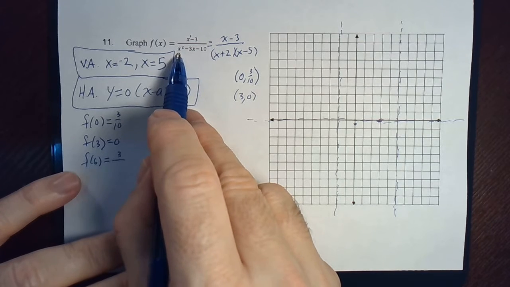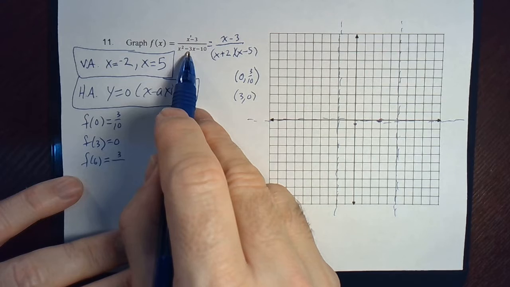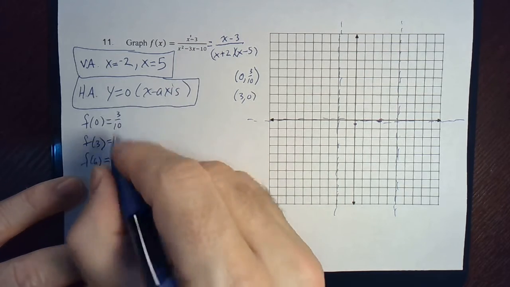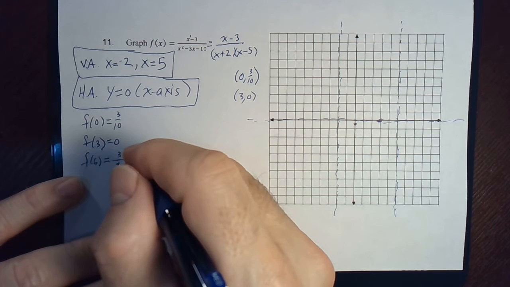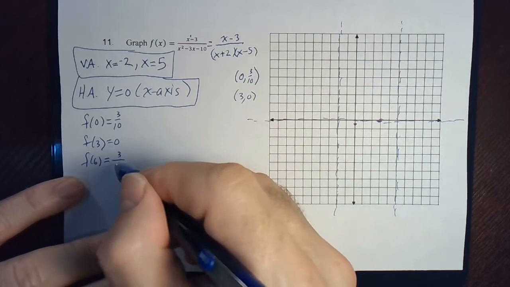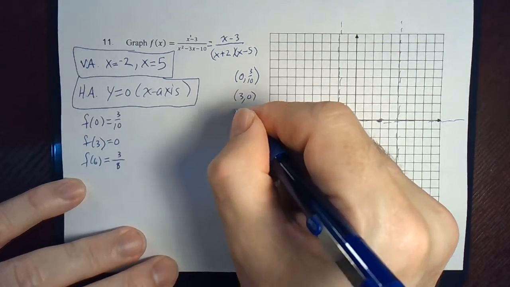Let me do that one more time. 36 minus 18 is 18, minus 10 is 8. Does that sound right? 6, 3/8.